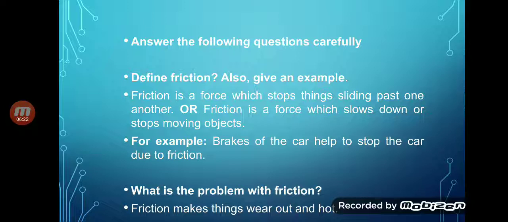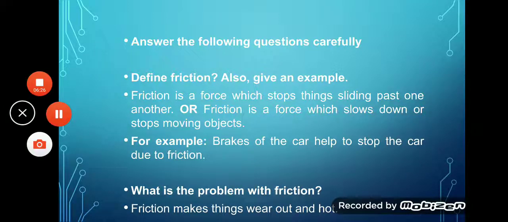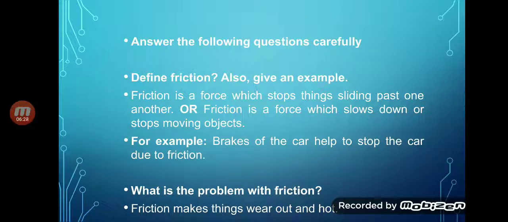Wear out means broken, damaged, or not in good condition. So due to friction, things will be destroyed, damaged, broken, or will not be in good condition. So friction makes things wear out and hot, and this is the problem with friction.